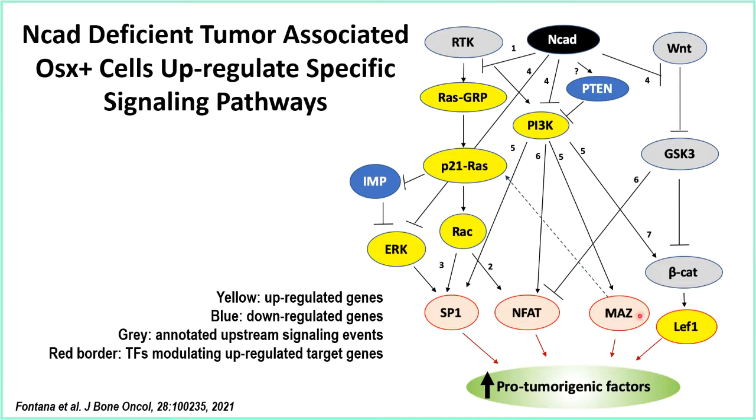So this finding validates and confirms that N-cadherin is an inhibitor of Wnt signaling, even in these cells in the tumor microenvironment. But clearly there is far more in terms of signaling modulation by N-cadherin than would be anticipated by simply interfering with Wnt signaling.